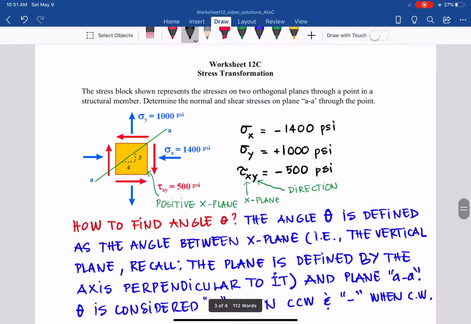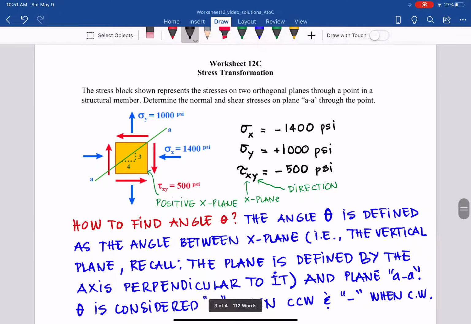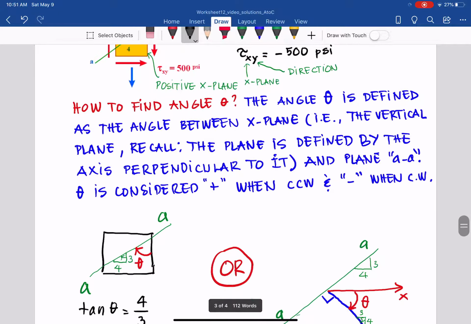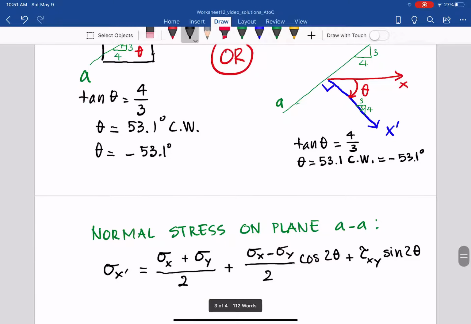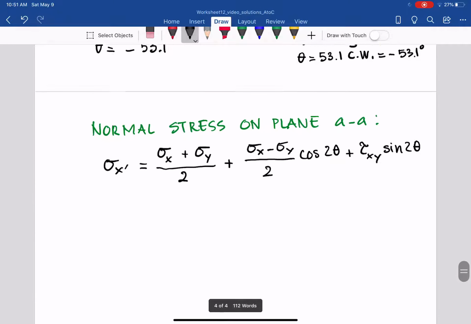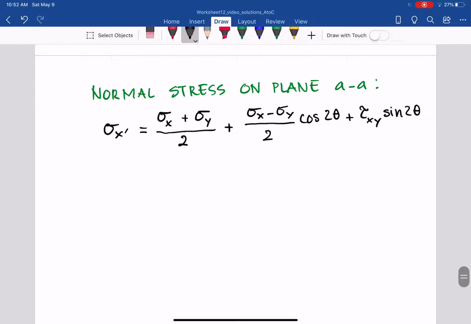Sigma x is negative 1400 psi, sigma y is positive 1000 psi, tau xy is negative 500 psi, and theta is equal to negative 53.1 degrees. So we can plug into sigma x apostrophe.